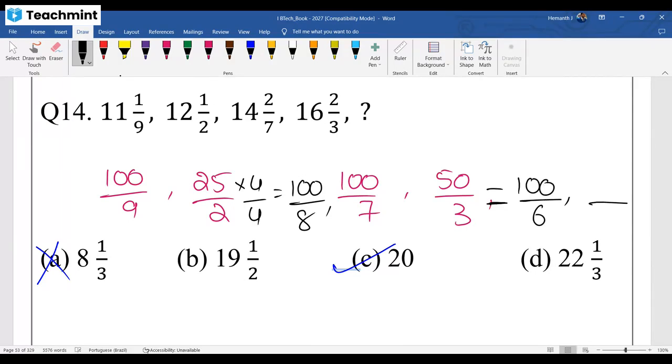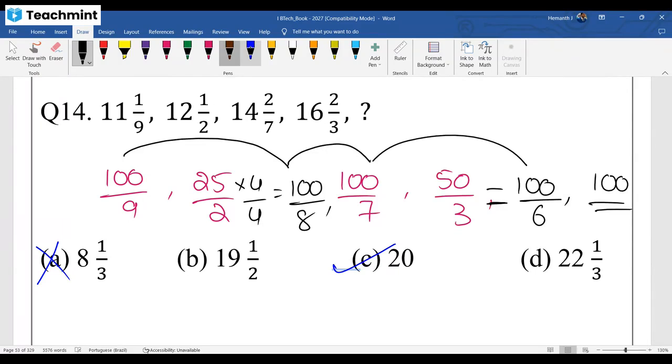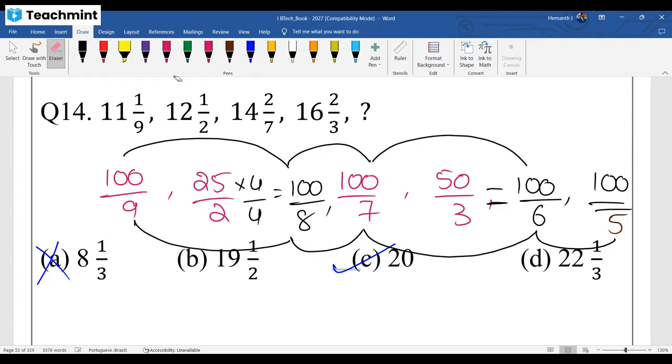So the numerator, 100, is fixed. Denominator: 9, 8, 7, 6, 5. So 100 divided by 5 is equal to 20.